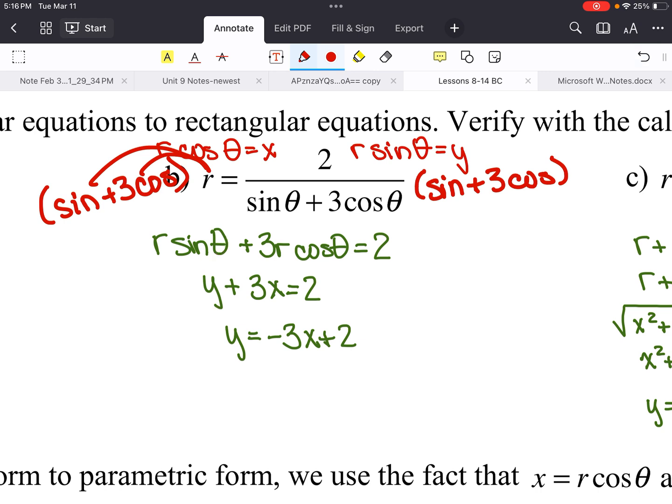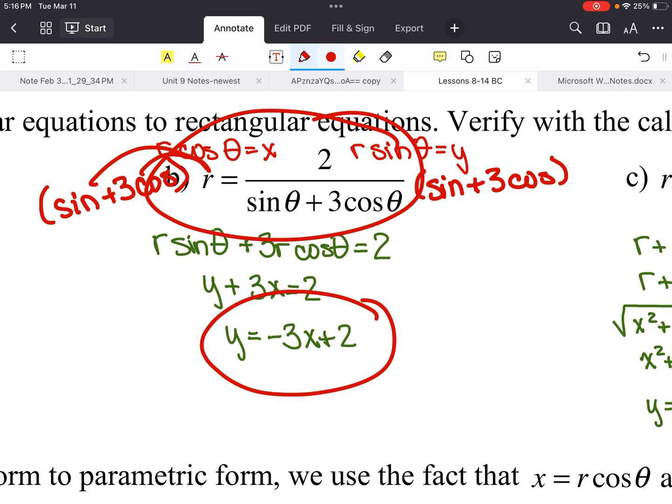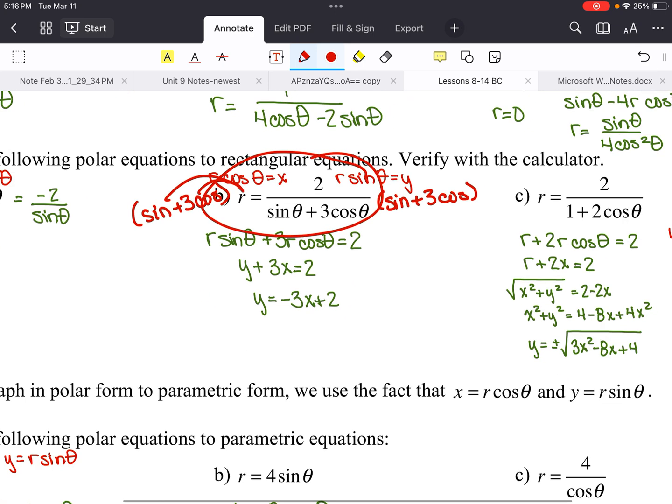So when I replace the terms with rectangular variables, then that really becomes y plus 3x equals 2, and then you just solve to get y by itself, so subtract the 3x. So that equation in polar form would give me the exact same graph as that equation in rectangular form.